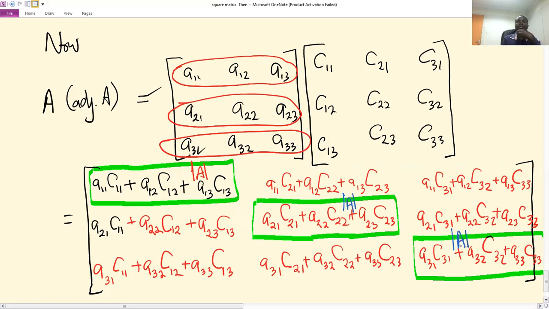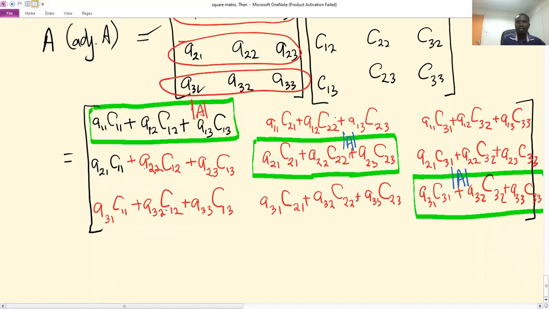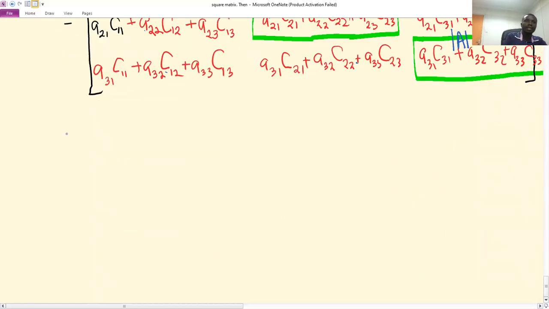So the only work is for us to show that all the other elements, off the main diagonal, have values of 0. So let me pick, for instance, this element here: A31 C11 plus A32 C12 plus A33 C13.